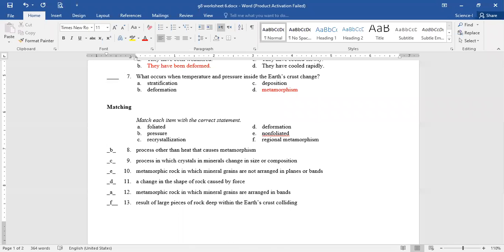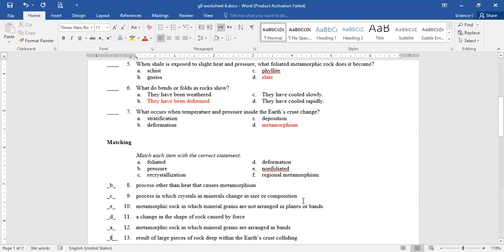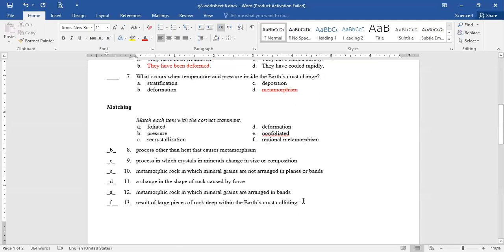Who can say? Okay, yes, Nano? F, of course. That means regional metamorphism. Large tectonic plates or large layers of rock in the ground, once they hit each other, produce a large amount of pressure that causes a kind of metamorphism. We call this regional metamorphism.